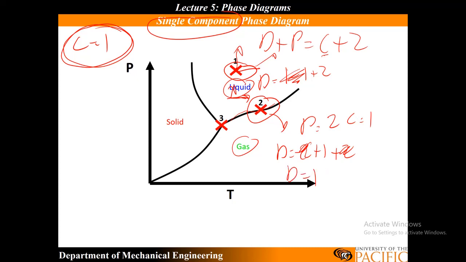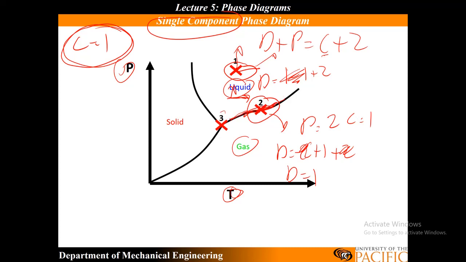What does that mean? It means that if I change my temperature, for example, my pressure is fixed. Or if I want to change my pressure, my temperature is fixed. So I have to move along this line. I can only vary one variable. If I vary temperature, then the pressure value is fixed in order to stay on this line.